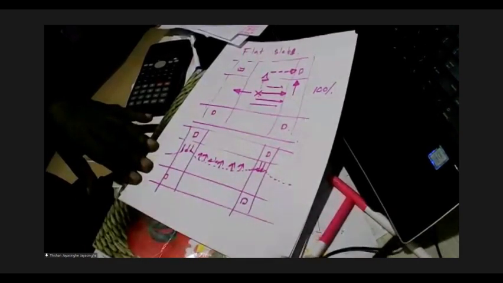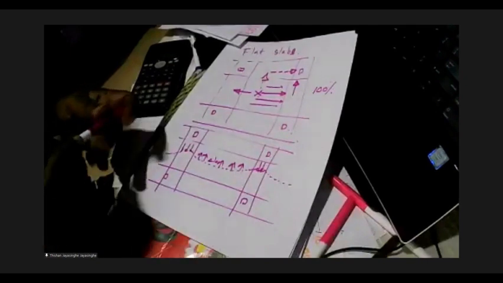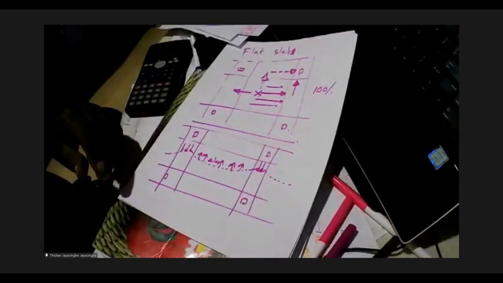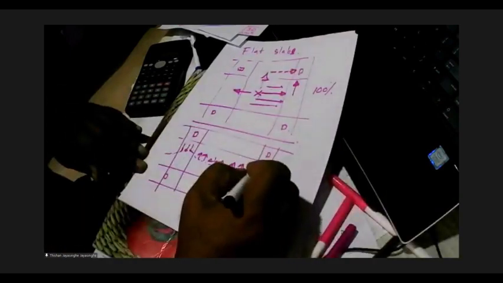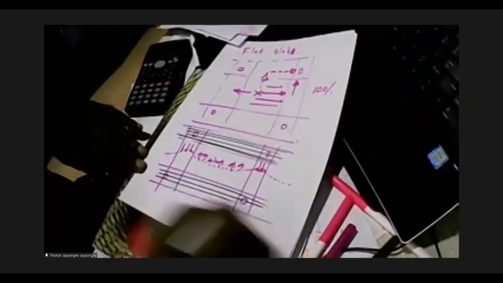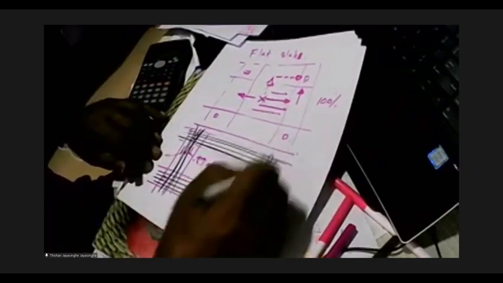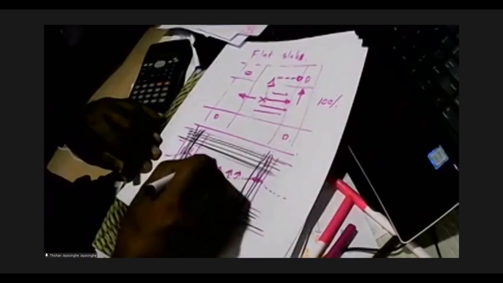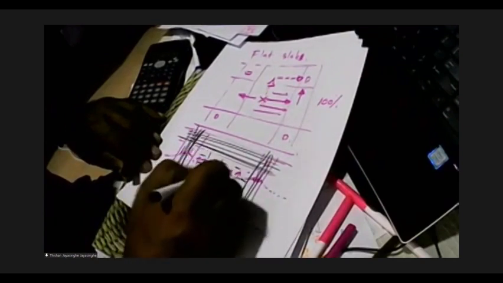So people thought, okay, what is the best way? Because we get a lot of load transfer here, a concentration here, a concentration there, and few here.